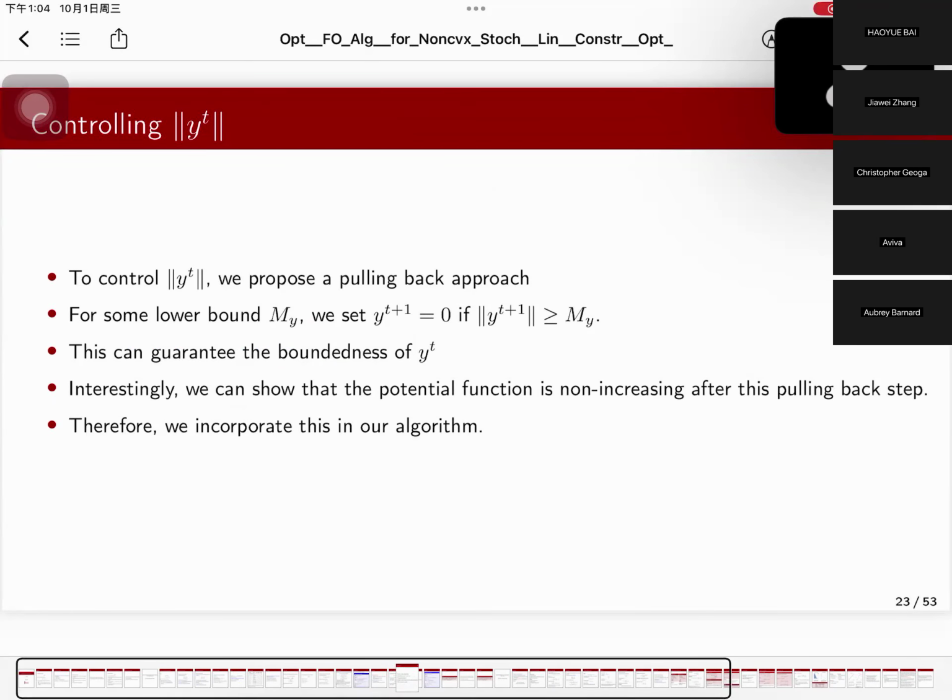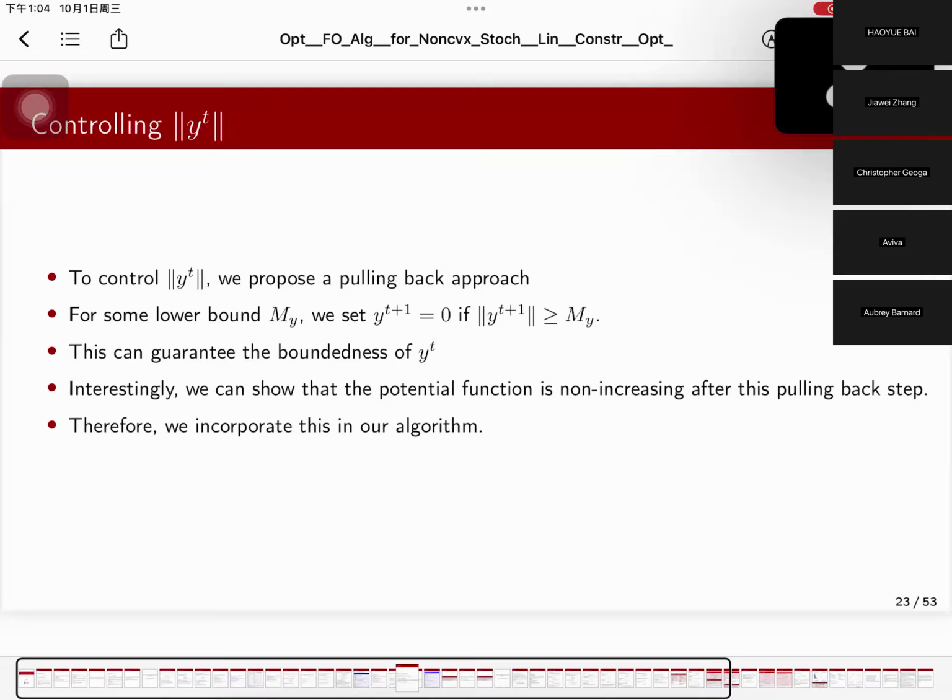Another difficulty is how to guarantee the dual variable is bounded. Actually, if we just run the vanilla type of smoothed proximal algorithms, we cannot guarantee the dual variable to be bounded. But fortunately, we have a very simple approach to address this issue. We just look at the norm of the dual variable, the multiplier. If the norm is larger than some threshold, we just restart by setting this dual variable to be 0.